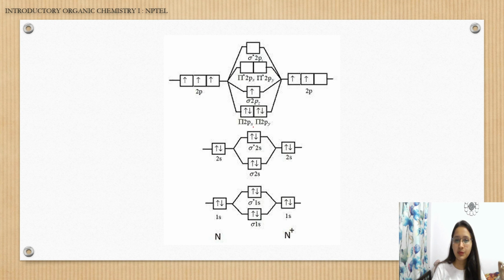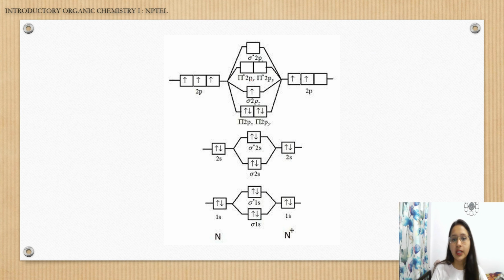So here sigma 1s is getting filled. First of all, 1s, 1s star, 2s, 2s star, px, py, pz, and then the anti-bonding orbitals will fill. So here 13 electrons are there. So we put 2 electrons in sigma 1s, 2 electrons in sigma star 1s, sigma 2s, and sigma star 2s, that is 4.